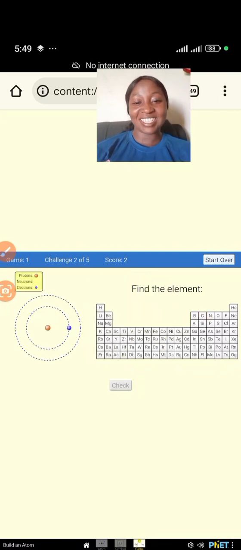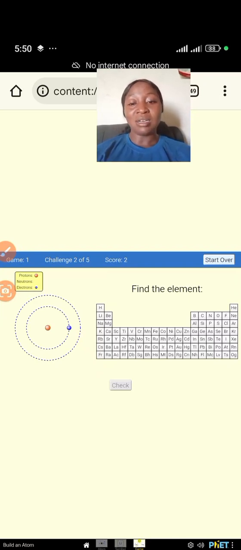Okay, next. The question is, inside the nucleus there's one proton. You remember the color for proton. Good. And we have one electron. So they're asking us what this is, right? So what will you think it is? Okay, it should be hydrogen.